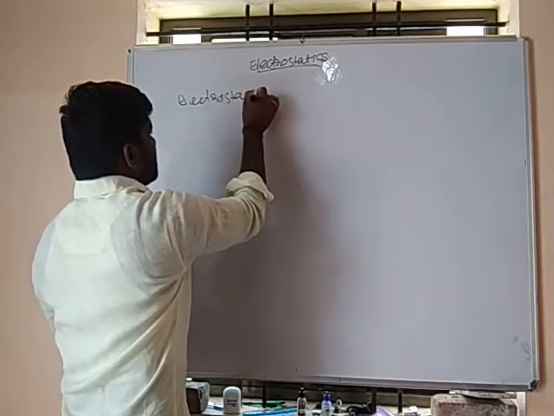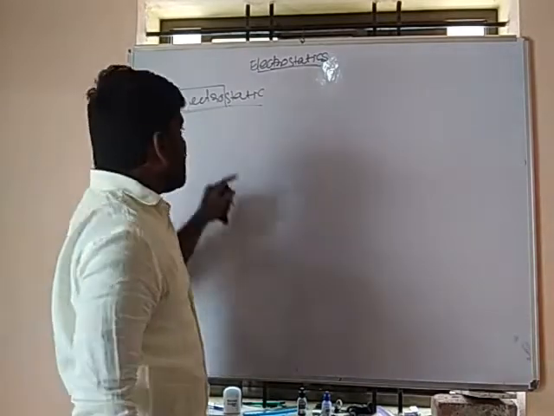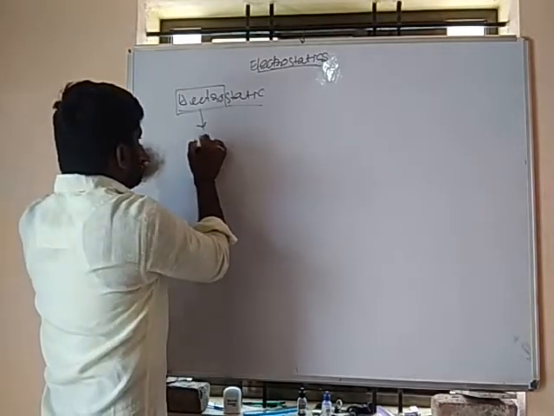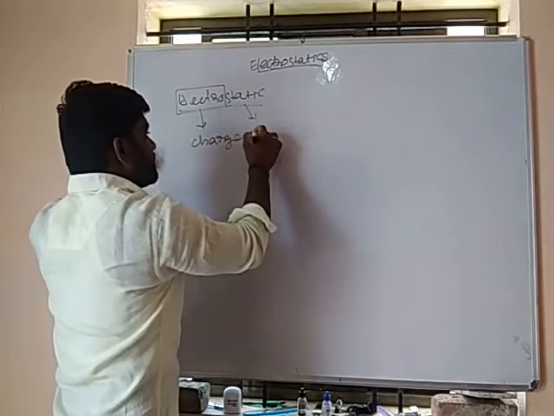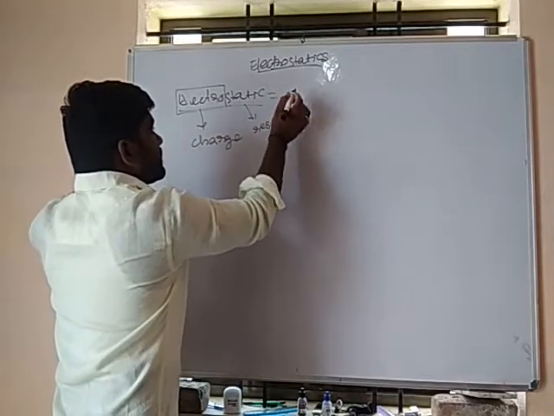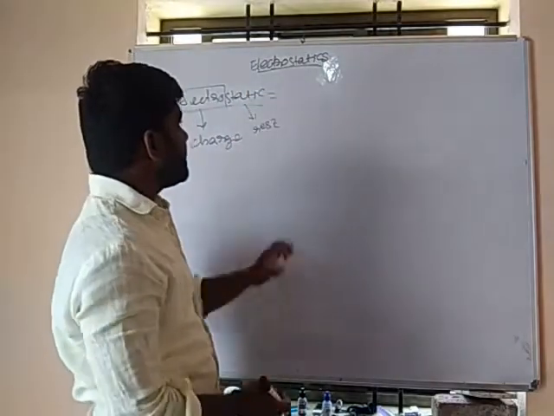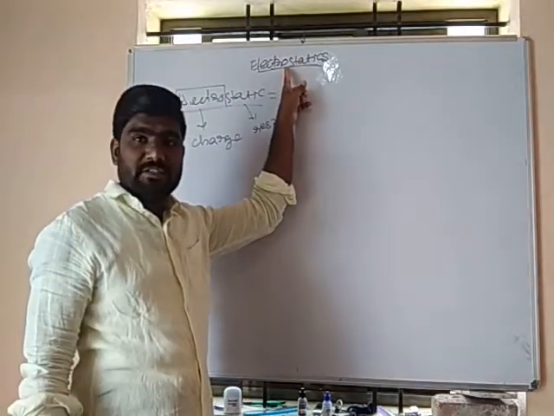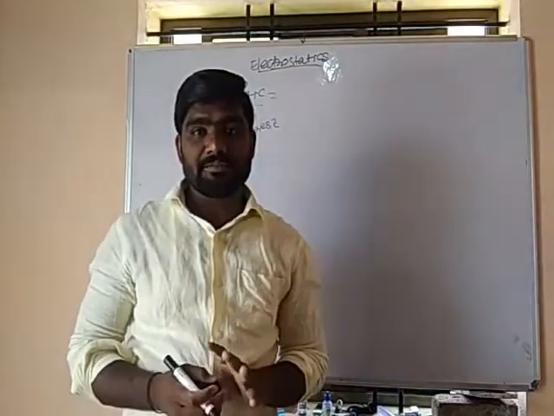Electro means what? It is your charge. Static means what? It is at rest. So electrostatics can be defined as the branch of physics which deals with charges at rest itself.